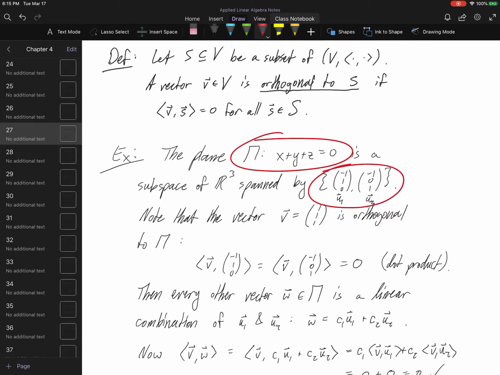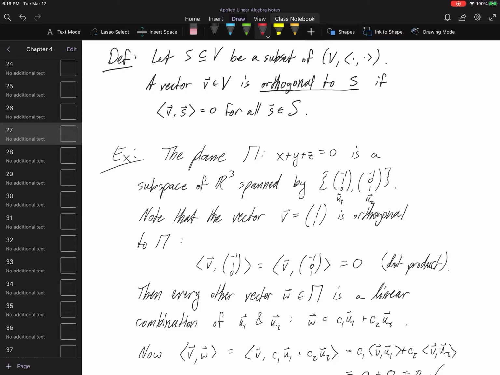And when I do that, I can find that this plane is spanned by this pair of vectors. Effectively, this is the null space of the matrix [1 1 1], and you can go ahead and verify this. This is a two-dimensional subspace of R^3, and we can span it with these two vectors u1 and u2.